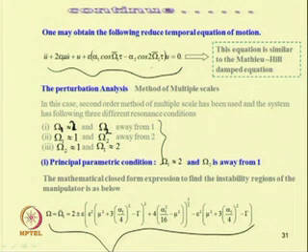Here we have applied the method of multiple scales up to second order. By applying it, the equation can be written as omega equal to 2 plus or minus epsilon.